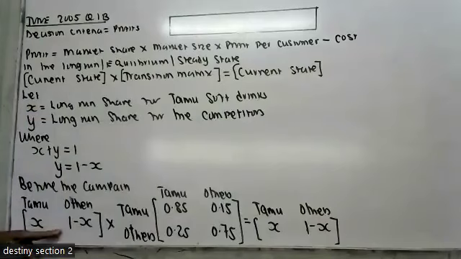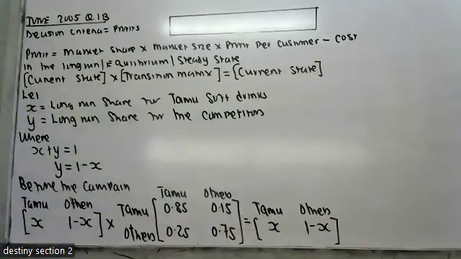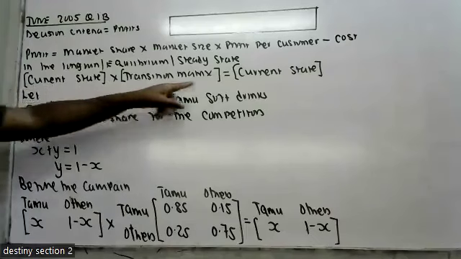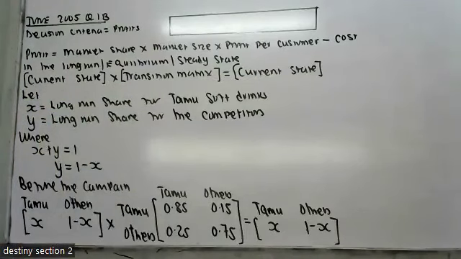You can see this one is the same as this, because I've already told you here that when you multiply the current state by the transition matrix, you get the current state.